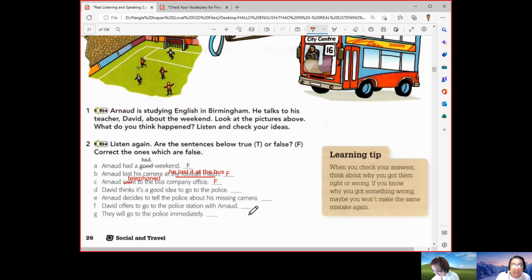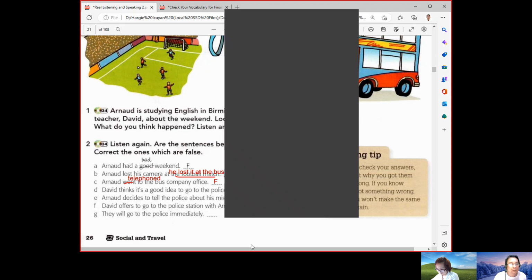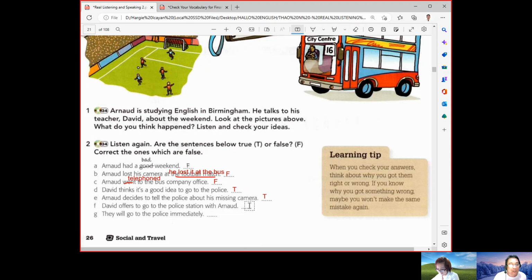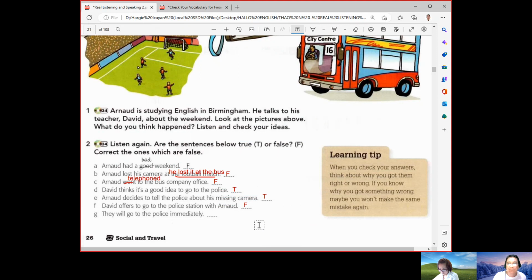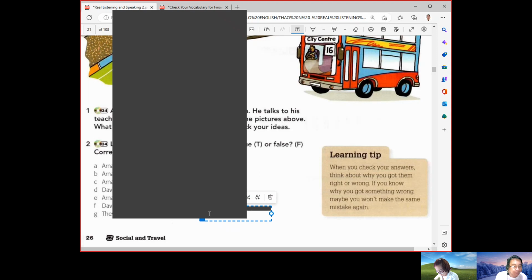Next, letter D is true. Then letter E would also be true. In letter F, so this one is false. Why does it make it false? Okay, letter F, sorry, is true, but letter G would be false.